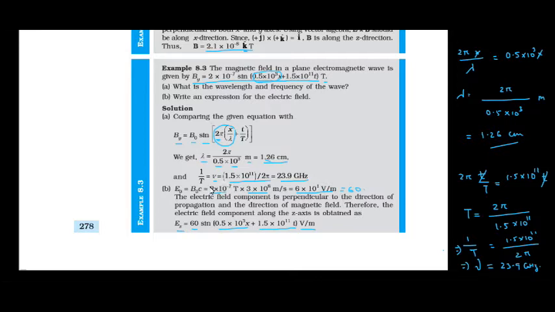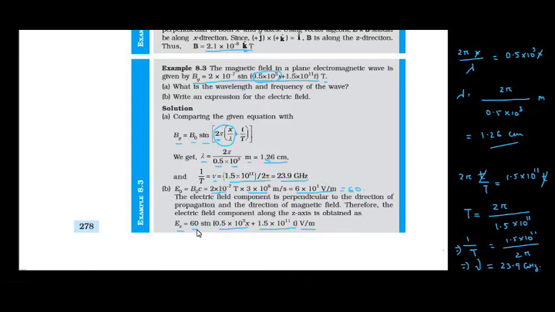Now we have to find E naught. E naught is equal to B naught C. So put the values of B naught and C. We get 6 into 10 to the power 1 volt per meter, or 60 also you can write. So electric field components are perpendicular to the direction of the propagation and the direction of the magnetic field. Therefore, electric field components along z-axis is obtained as Ez is equal to E naught.